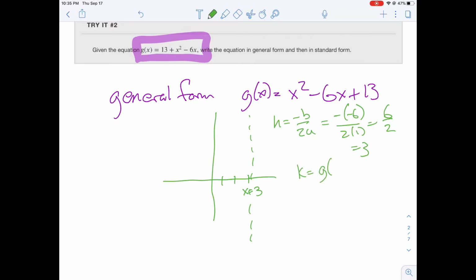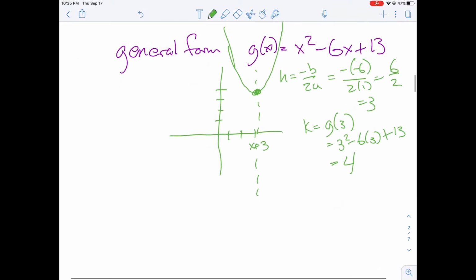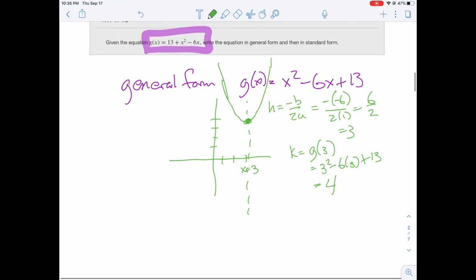And k is going to be g of 3, which is 3 squared minus 6 times 3 plus 13, which ends up being 4, right? So 1, 2, 3, 4. And so you can draw a parabola. Generally, it's going to be that shape from that form.